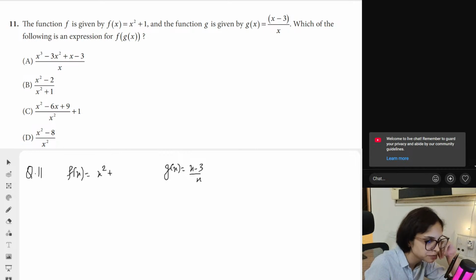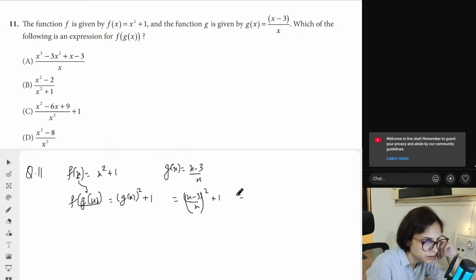x squared plus 1. So wherever you have x, it will be replaced with g of x. So it will become g of x whole squared plus 1. g of x is (x minus 3) over x, so it will become ((x minus 3) over x) whole squared plus 1.